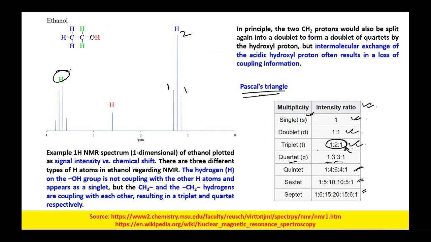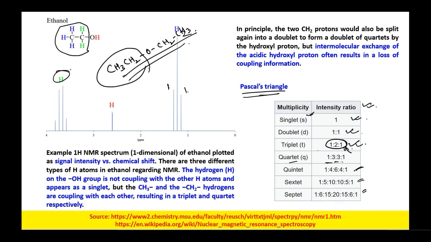Another important thing I forgot to mention: say there is a chemical compound CH3CH2OCH2CH3. Up to this part, both sides are similar.